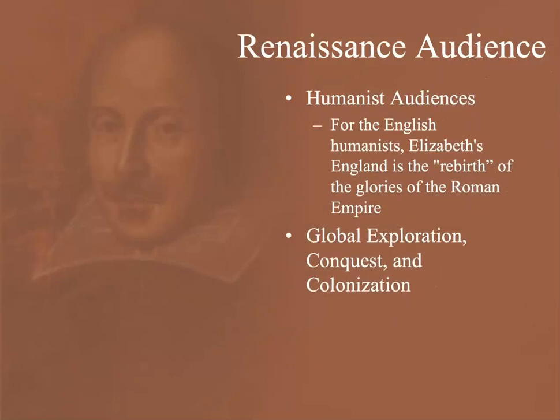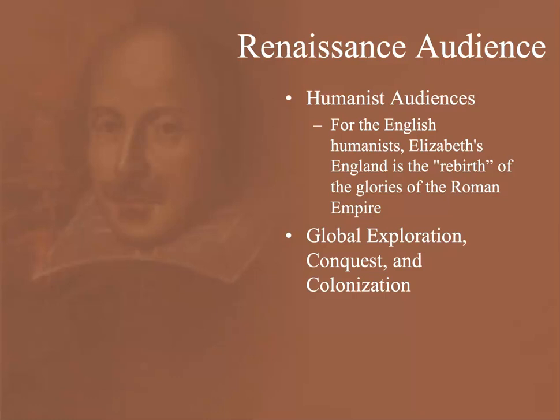When we think about Shakespeare's audience, the Renaissance audience, there was an audience for both Roman and English history plays during Shakespeare's time because of the humanists, who felt that contemporary 16th century England had inherited the torch from classical antiquity. You know, nationalism is rife in England, and so they see themselves in a very grandiose way, right?